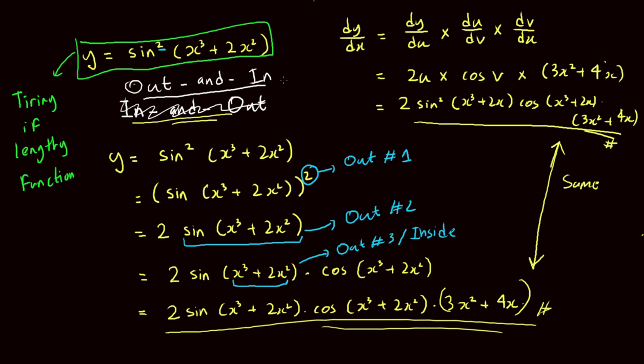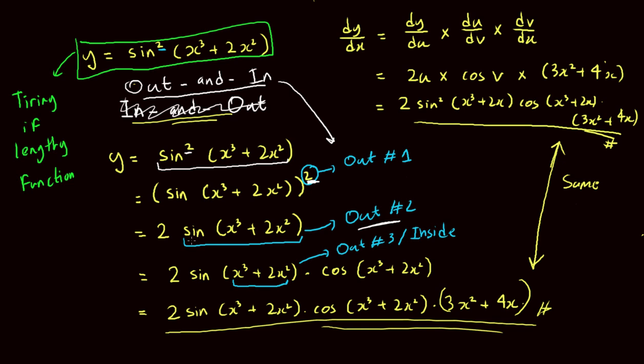So the whole purpose of the out and in method is to look for which terms or which parts of the function are outside and differentiate them first. In this case, powers usually get the highest priority because they tend to be outside of the function itself, so we differentiate it first. Then after that is the sine function, the second outside function, or the middle function.